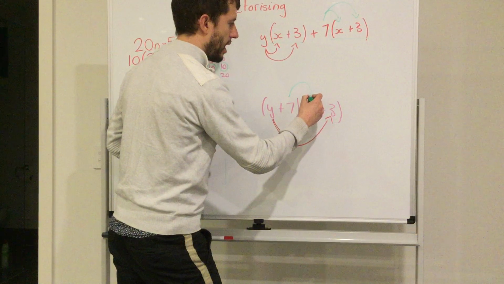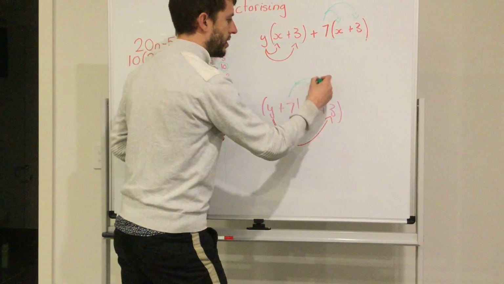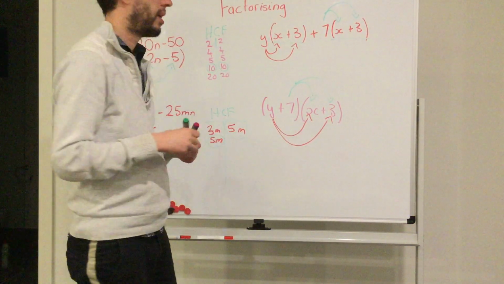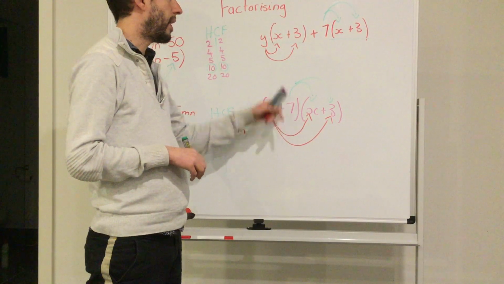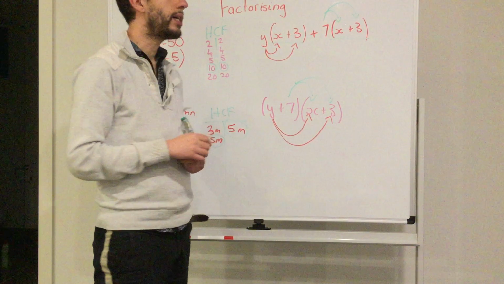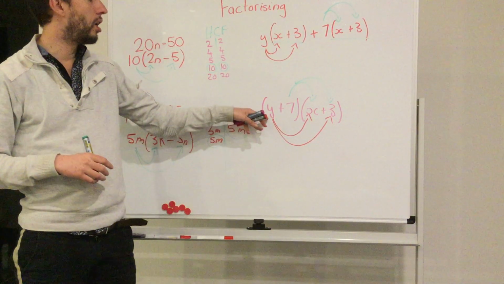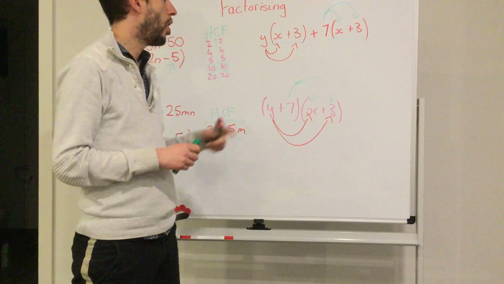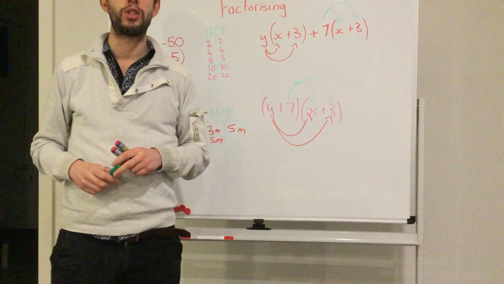The 7 is timesing by x and it's timesing by 3. And we are adding them together. So it hasn't changed anything. It just makes it a lot simpler to have a look at rather than having 2 sections.